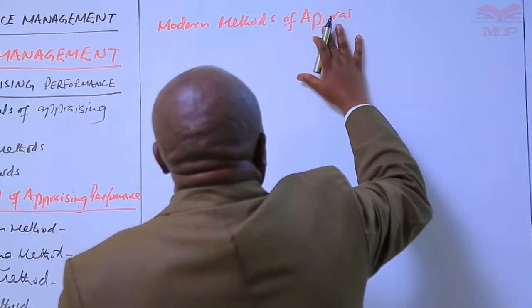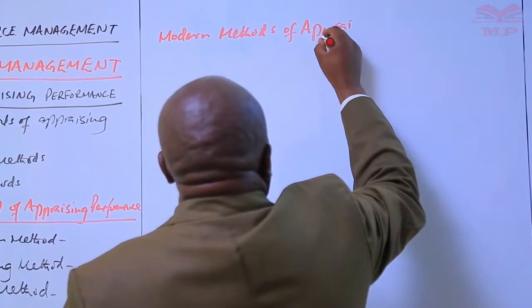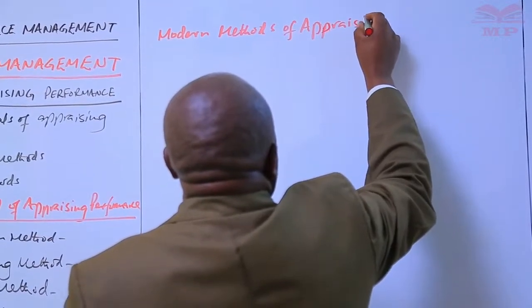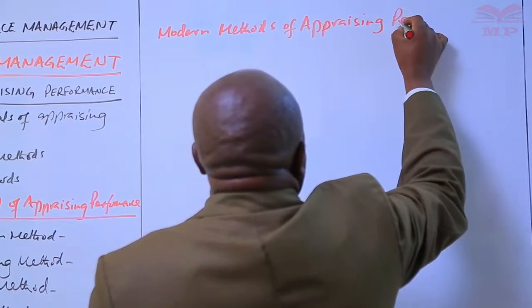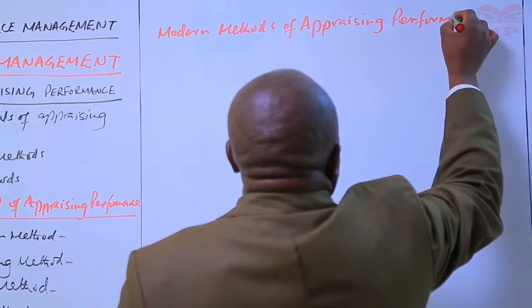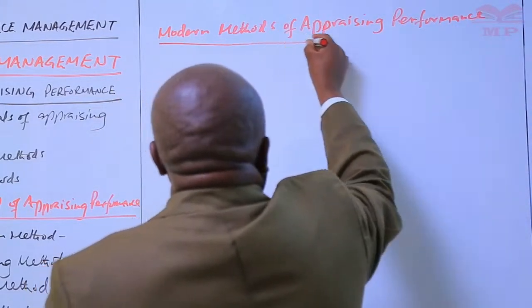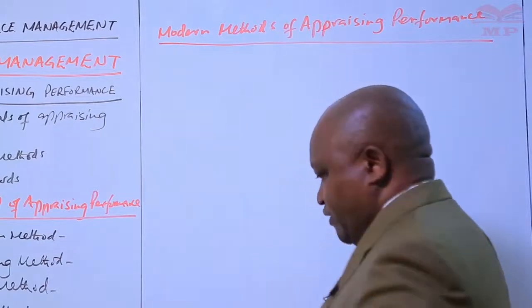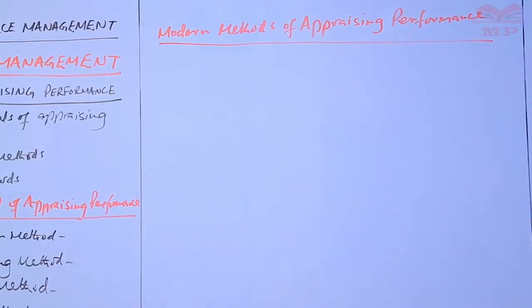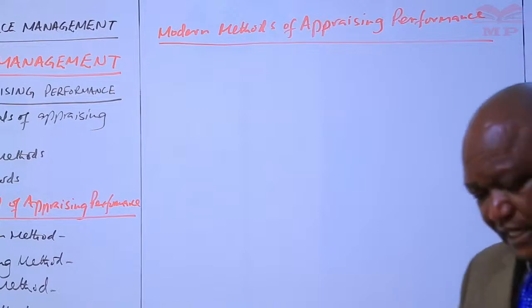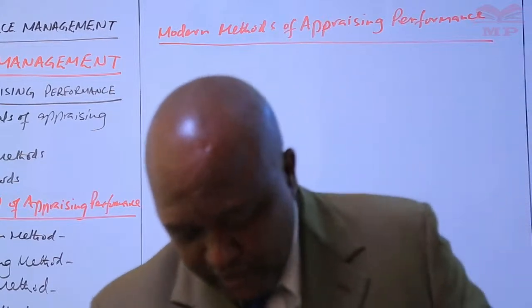There are various options that an organization may make use of, and the modern methods of appraising performance tend to improve on the traditional methods, and there are several of them.